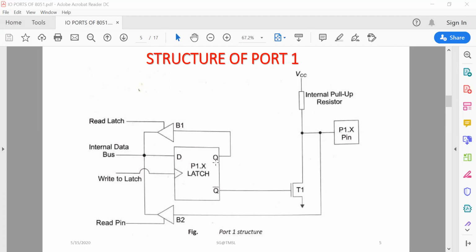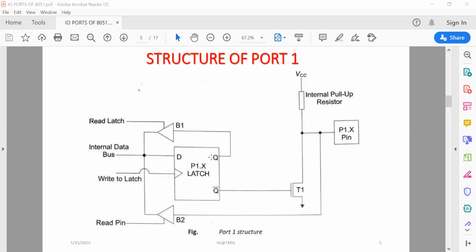As a result of appropriate instruction execution, whatever the Q output of this latch is gets copied into the internal data bus. If it is 1, it is 1, and if it is 0, it is 0.